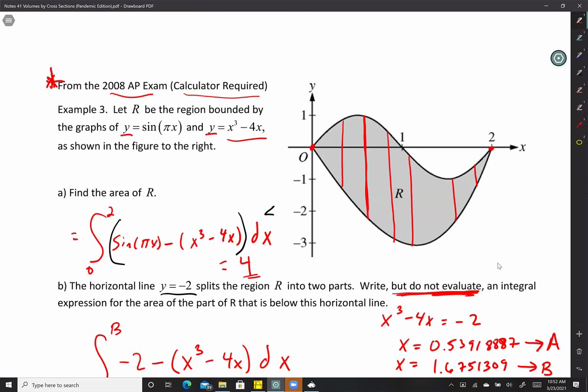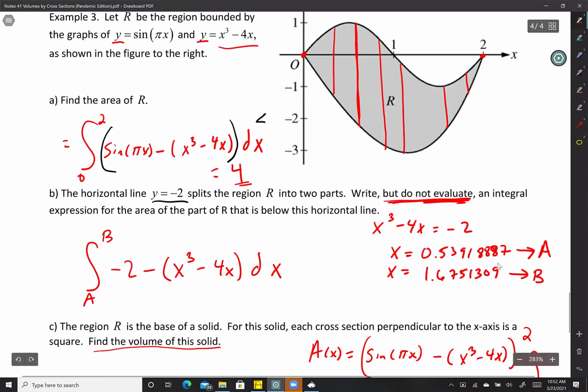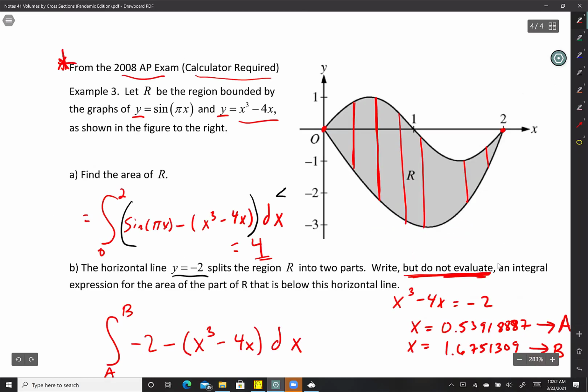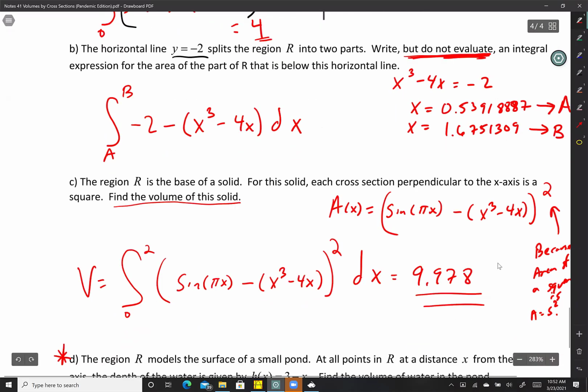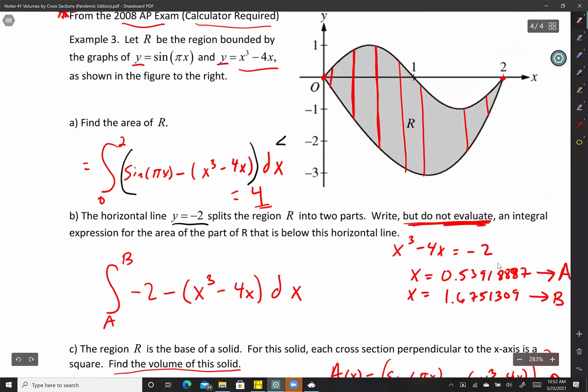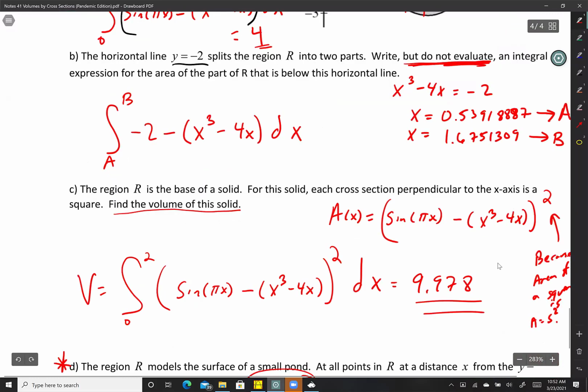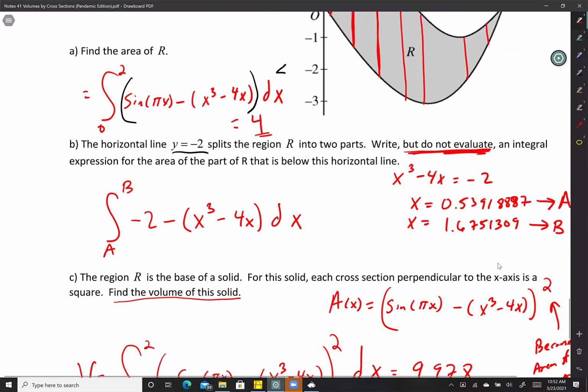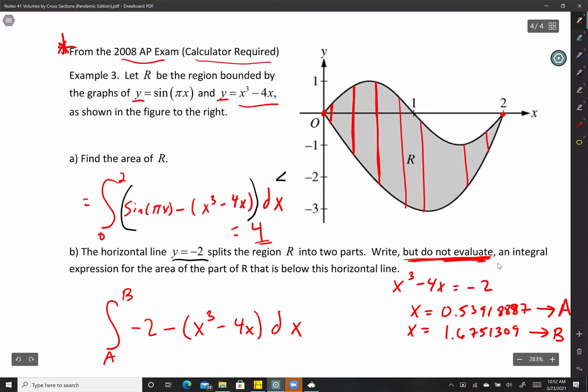It's not a square. No, it's not a semicircle. I have this length, and the depth is determined by this guy, right? So right there, let's pretend we're really close to the zero, I have a depth of almost 3 feet. So it's length times width, length times width, length times width.